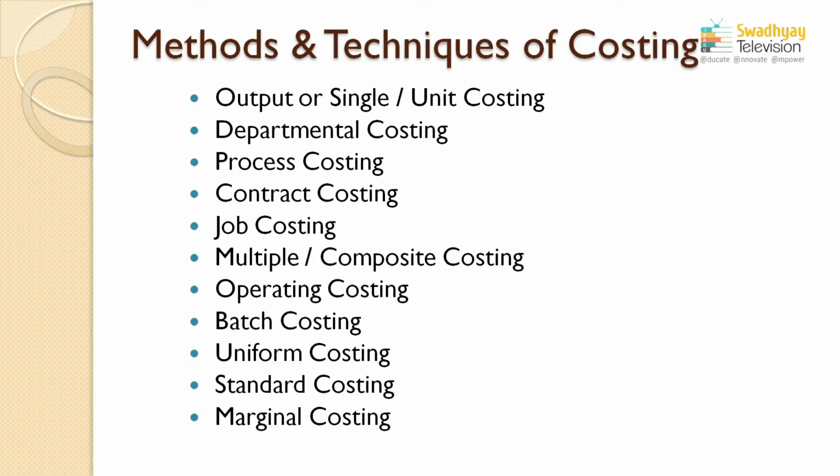Moving to the next method, that is process costing. Process costing is involved with organizations where a number of processes are involved. It means that if the manufactured product is not converted into a finished product in one process, but requires a number of processes for the final goods, in that sense process costing may be involved.